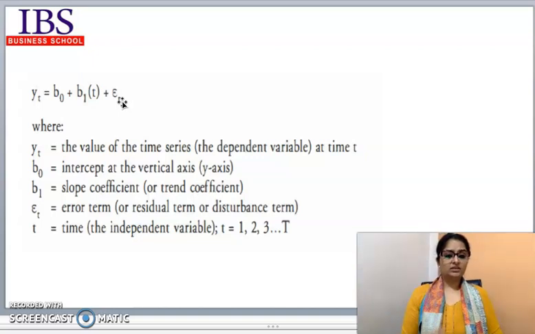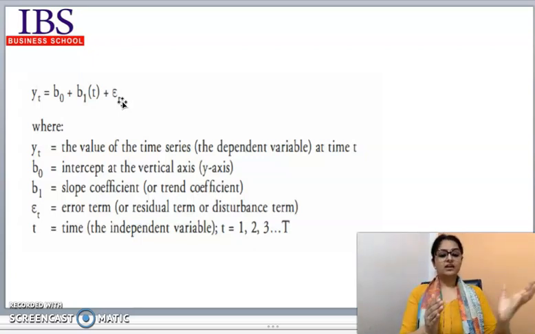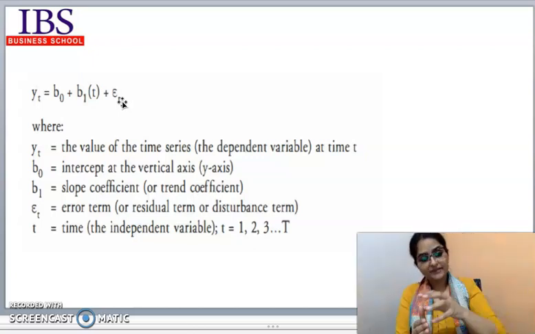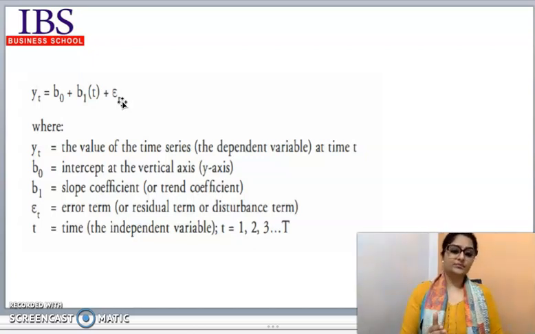So we believe that every price change, whether on the positive or the negative side, is a reflection of whatever is there in the environment, and it has been captured and is reflected in the prices. Let's take a simple example to understand what I'm saying.